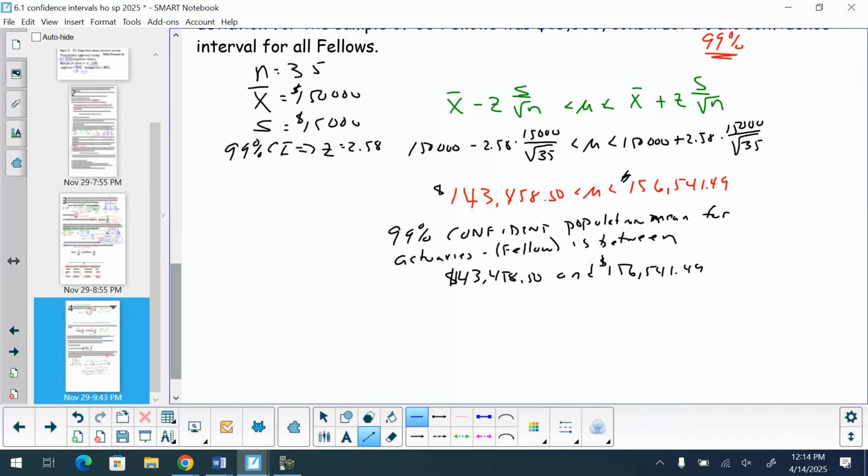So we are predicting that the population mean, which is everybody, is going to be somewhere between these two values.